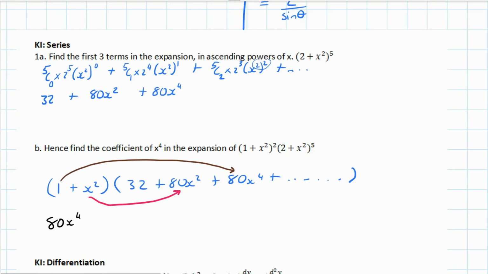And then the next one would be 80x to the power of 4. So they both end up being 80x to the power of 4, and we add them together, we get 160x to the power of 4. The coefficient is 160. Okay. There we go. So that's how you do that one.